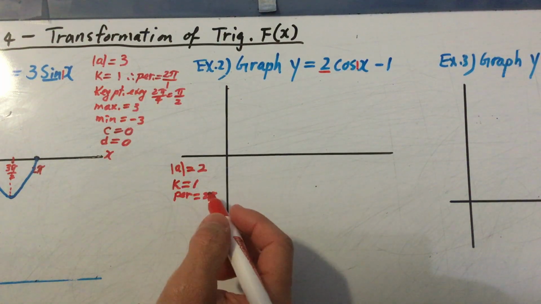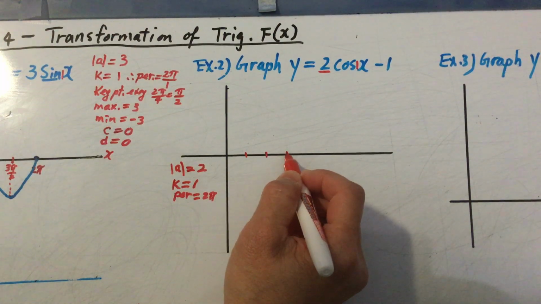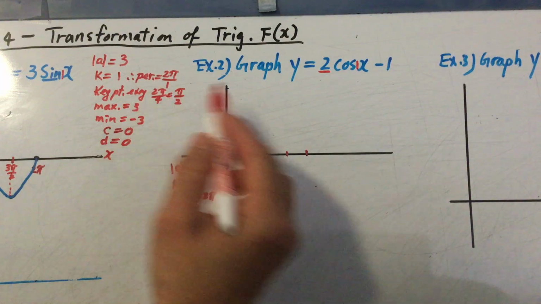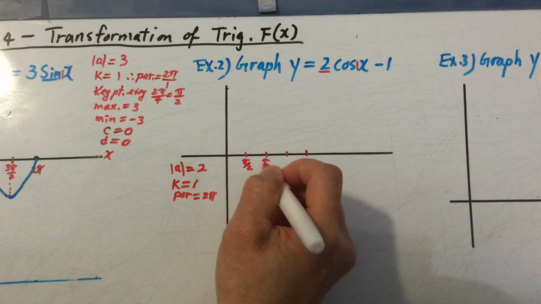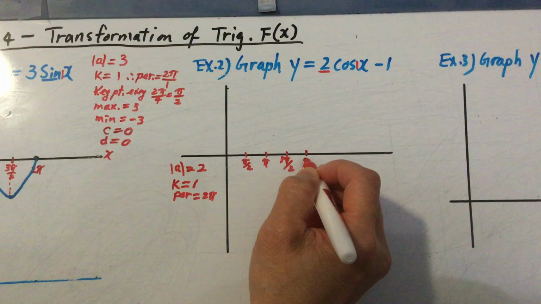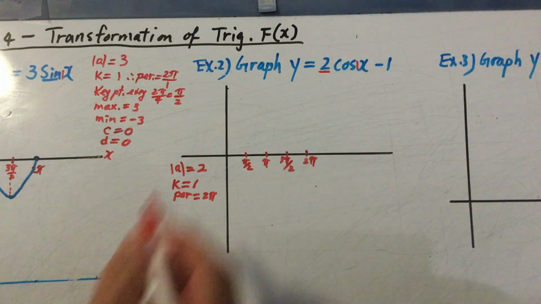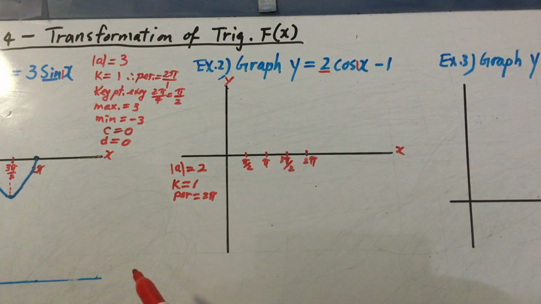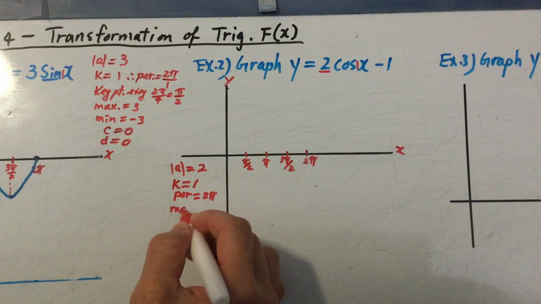Again, the key point is going to be a pi over 2, because when you take 2 pi divided by 4, you get a pi over 2 over here, and then a pi over here, and then 3 pi over 2, and then, sorry, 2 pi over here. Okay, so this is your y, this is your x. Then let's determine the maximum value.